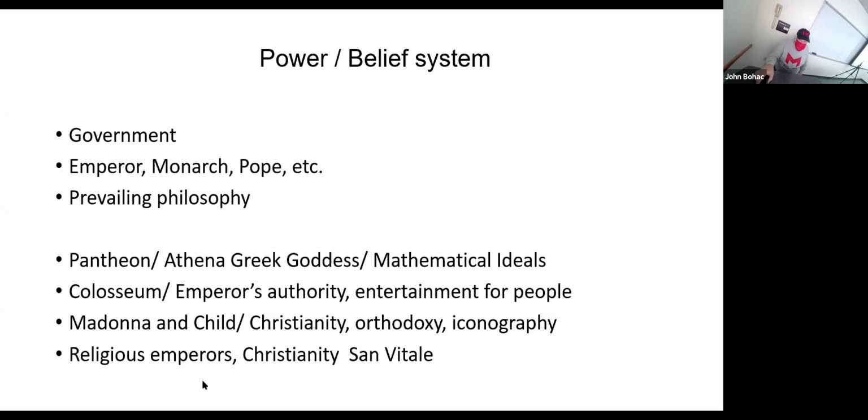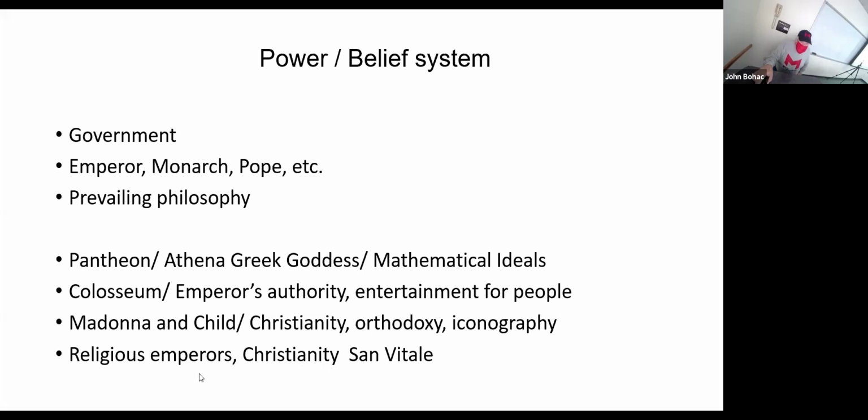And sometimes we have dual power systems, like religious emperors. For instance, Constantine, an emperor and a Christian. Another good example is Justinian the First, Justinian the Great.